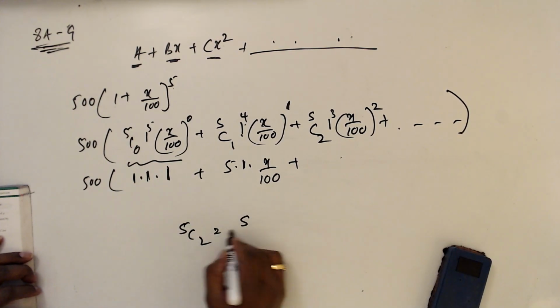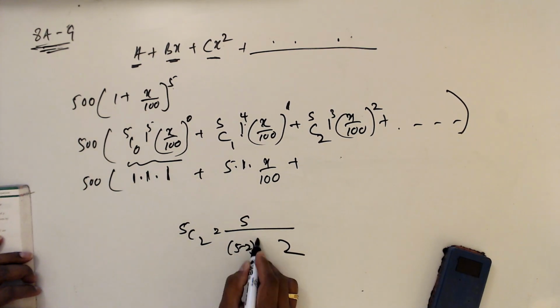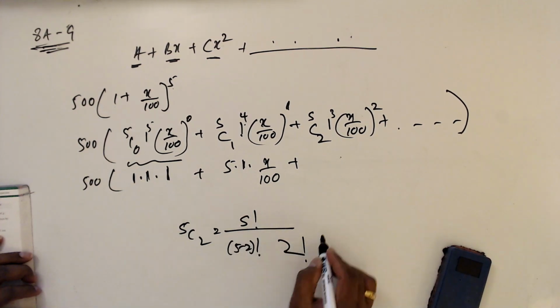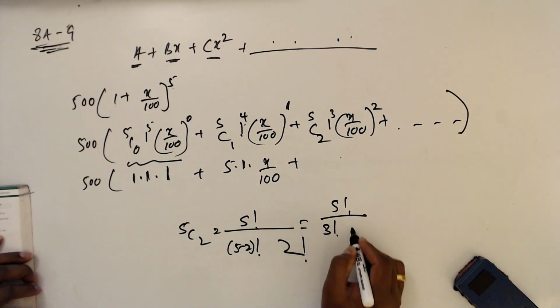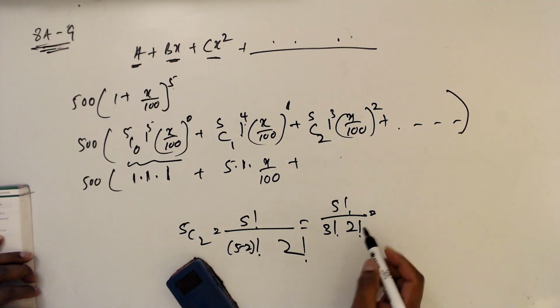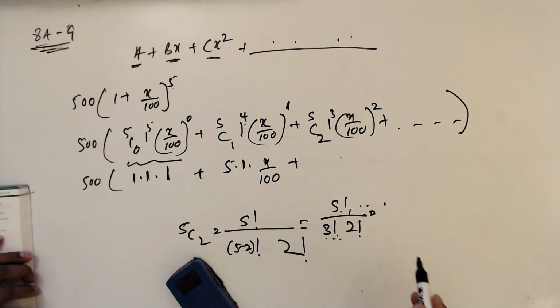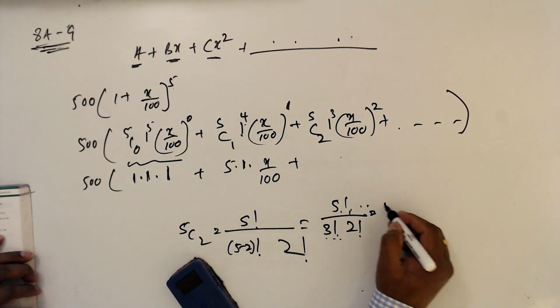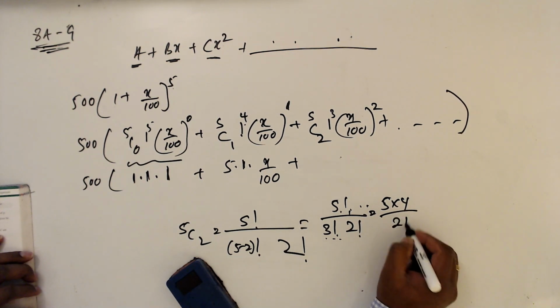5c2 means 5 and 2, we write the difference, and then we take the factorial: factorial 5 over factorial 3 and factorial 2. Now this is 5, 4, 3, 2, 1 over 3, 2, 1 times factorial 2. The 3, 2, 1 cancel out. 5 and 4 remain on top and the factorial 2 below.